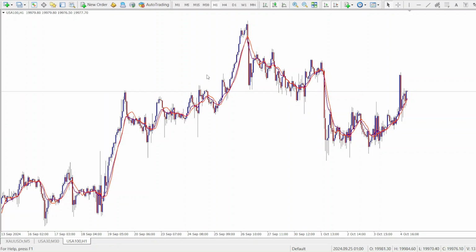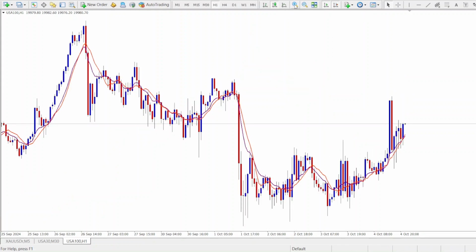The SMA gives equal weight to all price points within the selected period. Compared to how the EMA bends as a result of price changes, you can see that the SMA is usually straighter, usually not bent compared to how the EMA bends in response to price movement, in response to price changes.